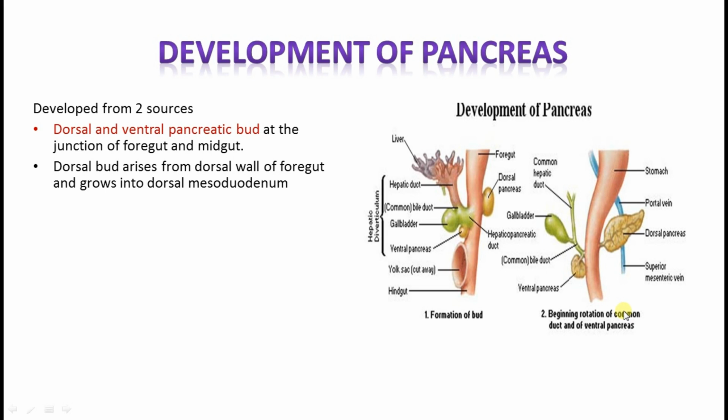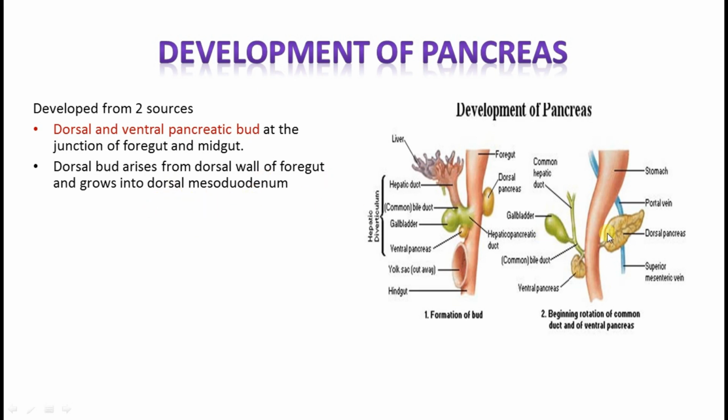First it is actually convex to the front. When the stomach rotates around the vertical axis, this convex C-shape which is to the front gets turned and approximated towards the right side. Since it is fixed to the right side to the posterior abdominal wall, it loses its mesoduodenum and becomes retroperitoneal. So it is actually secondary retroperitoneal. Initially it is inside the peritoneum, loses its peritoneal covering and becomes retroperitoneal.